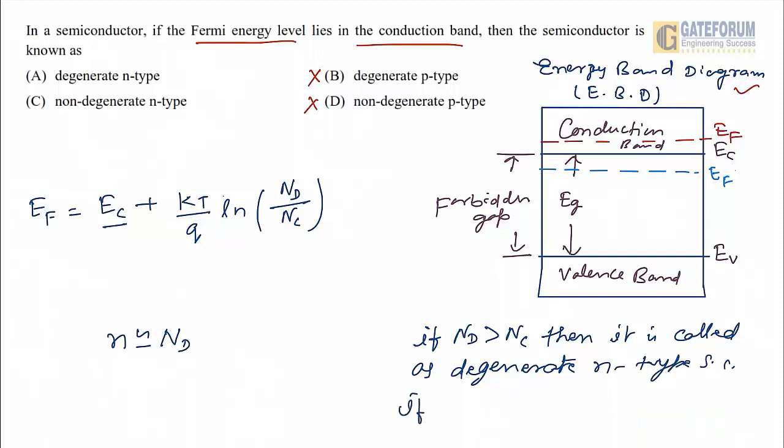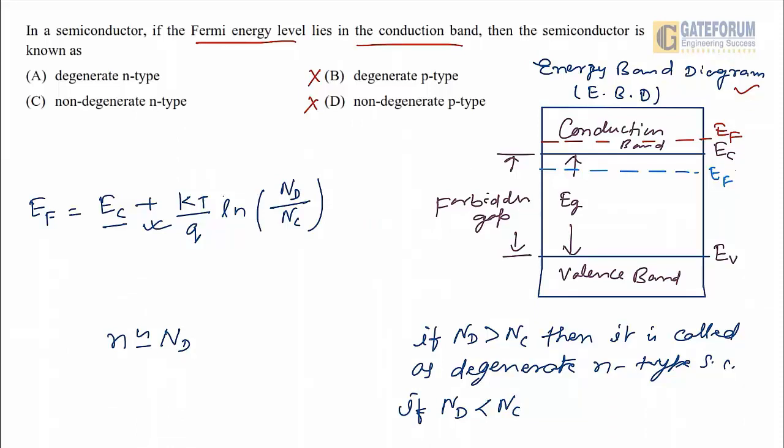If ND is lesser than NC, if the doping of the semiconductor is lesser than NC, then in that situation this ratio will be lesser than 1 and the ln will produce a negative value. So it means that level EF will lie below EC because this term will become negative. So by that time it will be non-degenerate N-type semiconductor.